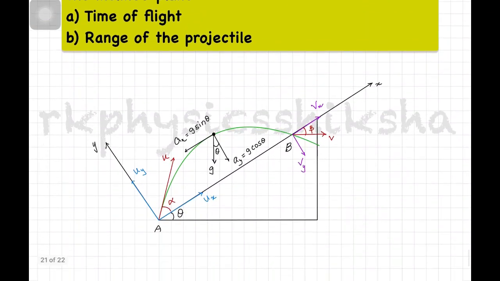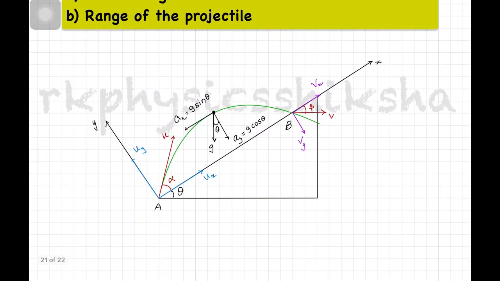So for that, if you observe the diagram, you have an object projected up the inclined plane. Sorry, my mistake: alpha is the angle made by the projectile with the inclined plane, and theta is the angle of inclination of the inclined plane.